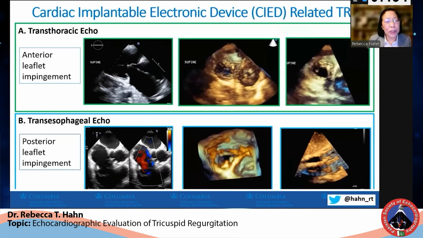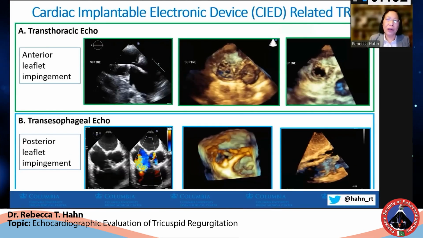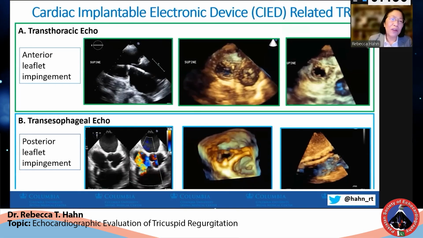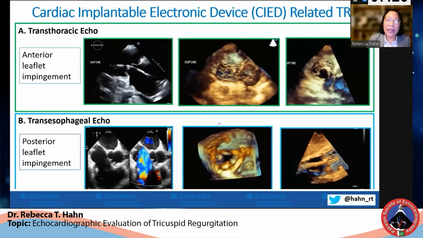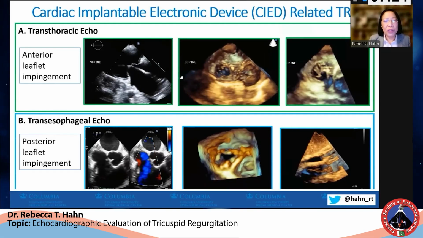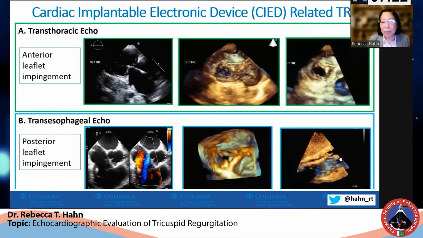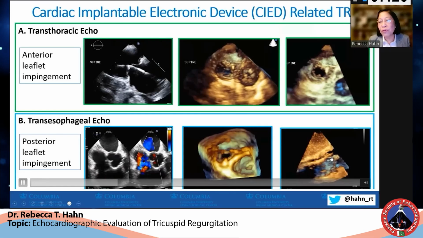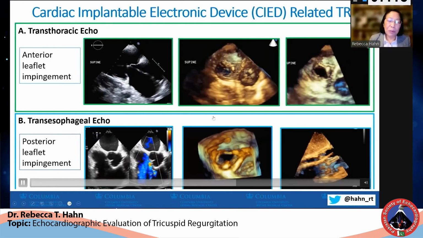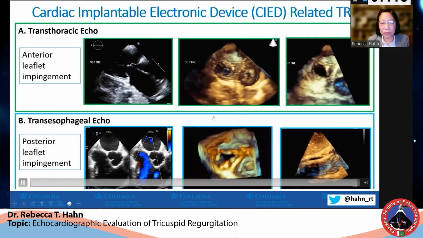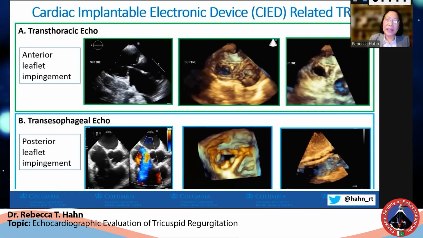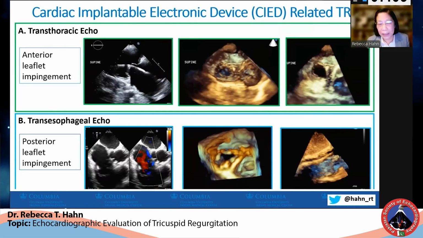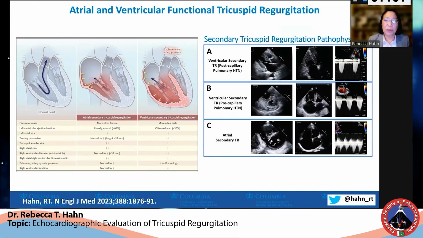These are both transthoracic and transesophageal echo examples of cardiac implantable electronic device or pacemaker related tricuspid regurgitation with adhesions to the leaflets, but also adhesions to the subvalvular apparatus and even perforation of papillary muscles we've seen, causing adverse tricuspid leaflet motion, so immobility of the leaflets, and tricuspid regurgitation.